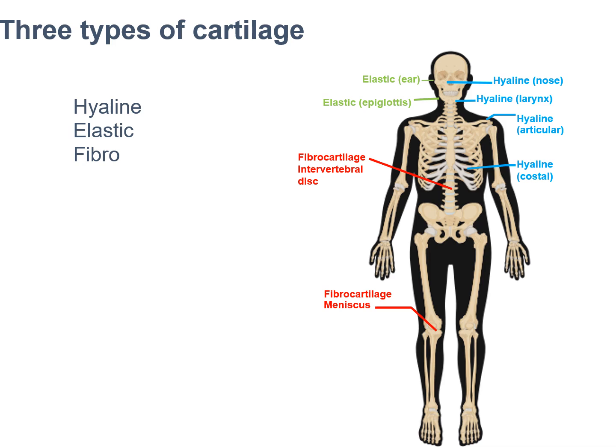For example, there's hyaline cartilage connecting your ribs to your sternum. And we also have hyaline cartilage where two bones meet, such as at the shoulder, knees, elbow, hips. This type of cartilage, hyaline, that's found at articulations can be called articular cartilage because it's located at an articulation.